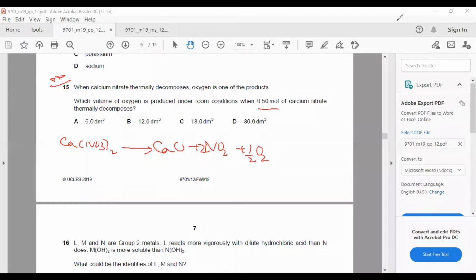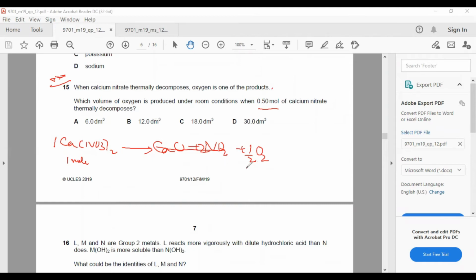Look, this is the equation, and this question is very easy compared to others. You don't even need a calculator. You don't need the oxygen and nitrogen dioxide, just the equation: 1 mole of calcium nitrate gives half mole of oxygen.